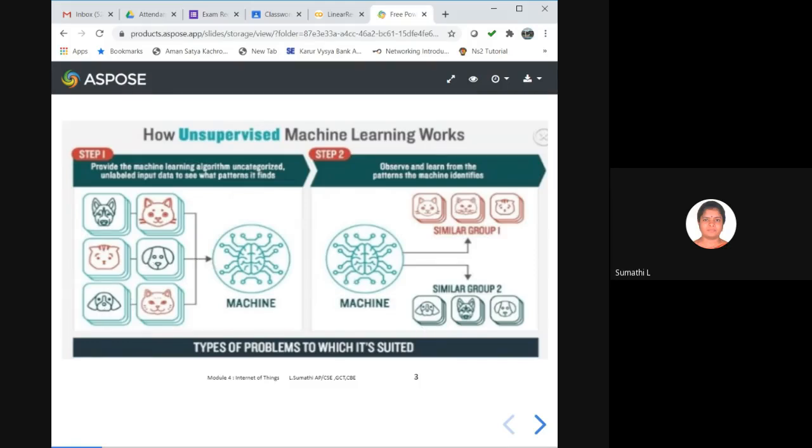So it will group it, or in other words, it will cluster the data. If new data is given, say if I give another cat image, it will find that it matches with group 1, right? This is unsupervised learning. And under unsupervised learning, for this IoT, we will learn about clustering.